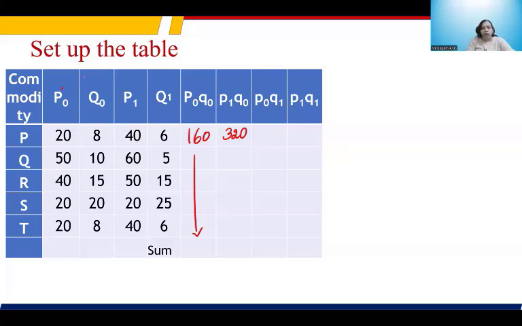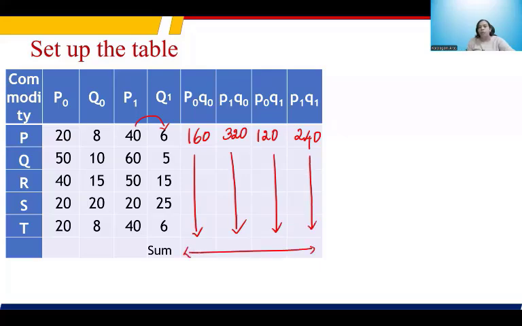P naught and then Q1, which is 20 multiplied by 6, we are going to have 120. Then finally, P1 and Q1, 40 into 6, then we have 240. Similarly, finish the calculation for the entire scenario and do the sum for all of this. Pause the video and finish it up.